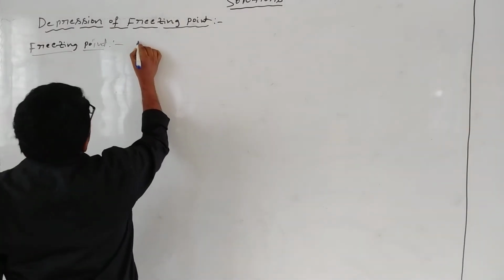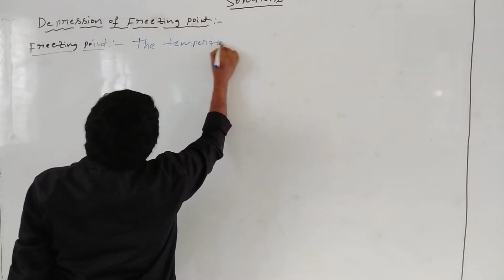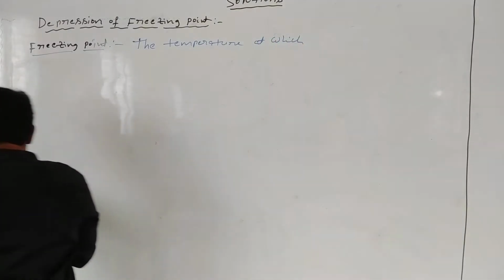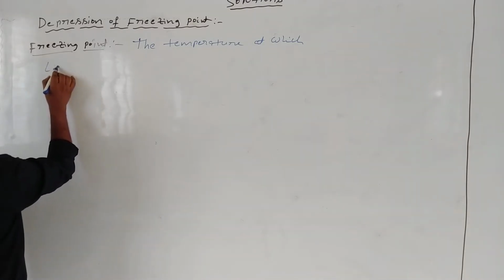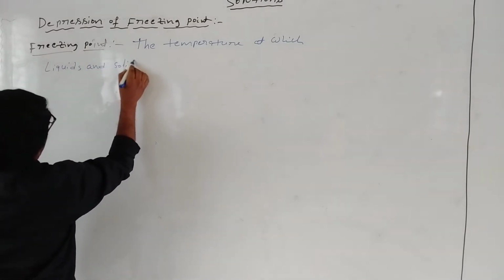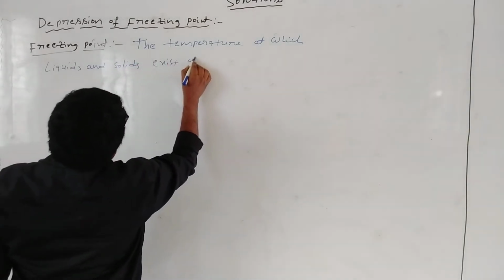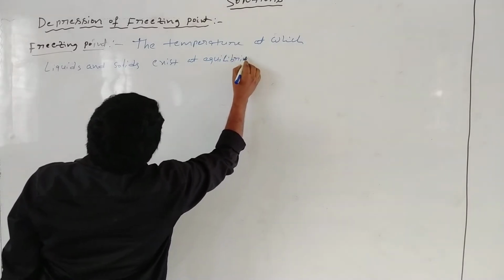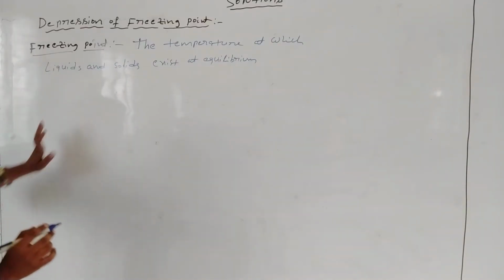So, the temperature at which liquids and solids are at equilibrium is called the freezing point.